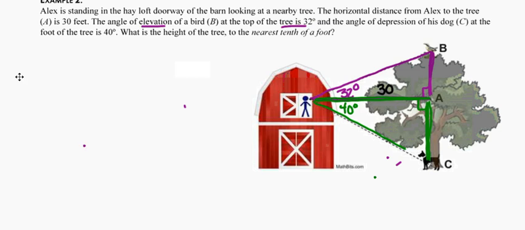All right, so I'm going to go ahead and draw my triangles separately. There's my purple triangle with that 32-degree angle of elevation, and the 30-foot horizontal piece. I'm going to call this piece x.